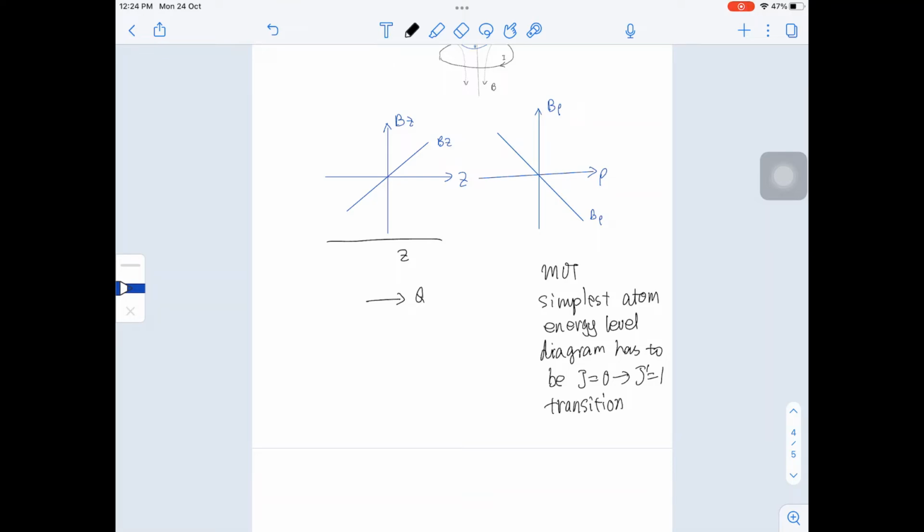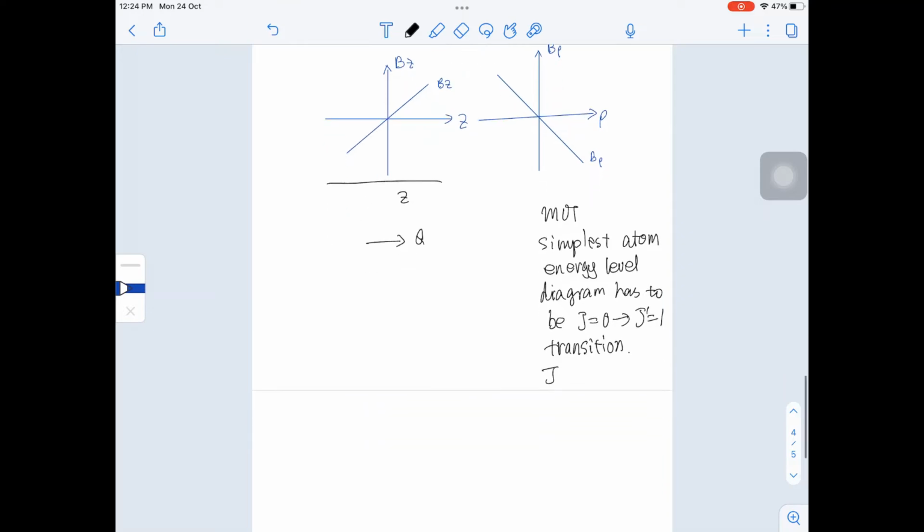Where J is the angular momentum of the atoms. Okay, you can find this content in any atom physics books, textbooks. Here I won't explain this because this is not the key point we need to know for this lectures.